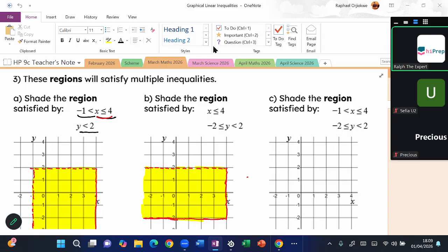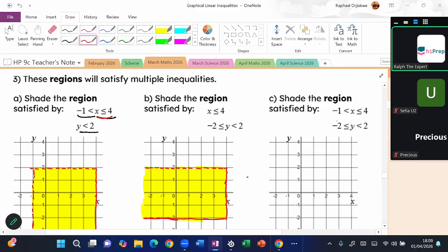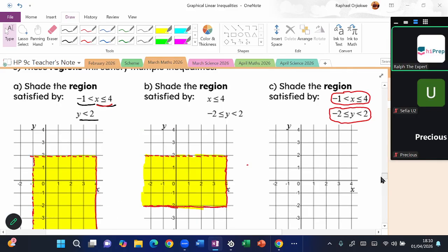Now we have two inequalities here. I can call this 2 in 1, and the other one 2 in 1. So you can almost say that there are 4 inequalities here. We are going to get the region for each of these inequalities on the same graph. So can we do that now?